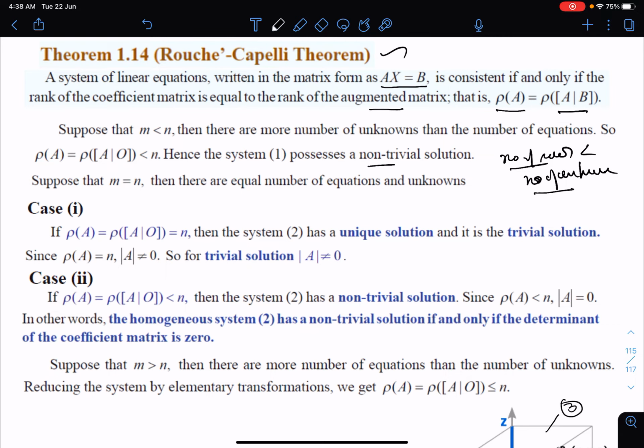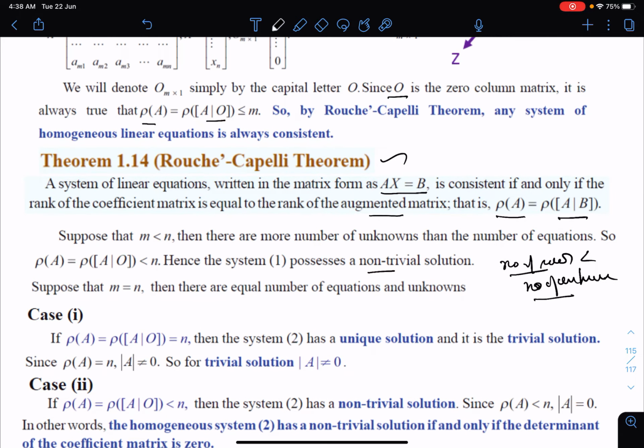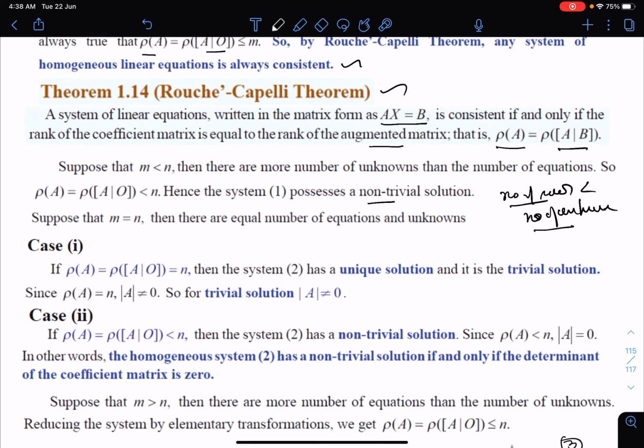What are they? Here, any system of homogeneous equations is always consistent. It cannot be inconsistent, because all the homogeneous equations pass through the origin. So here we get two cases.